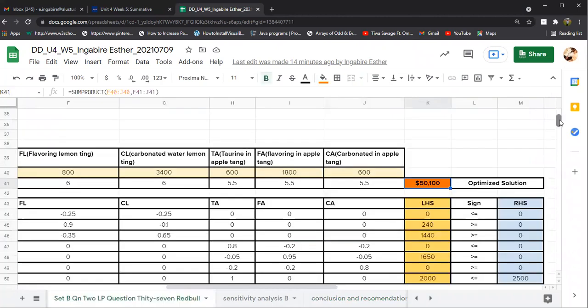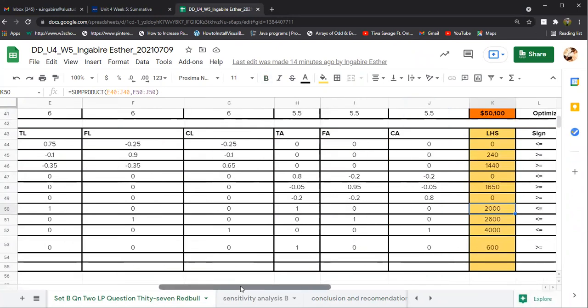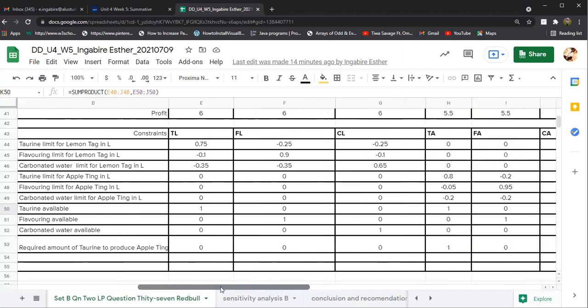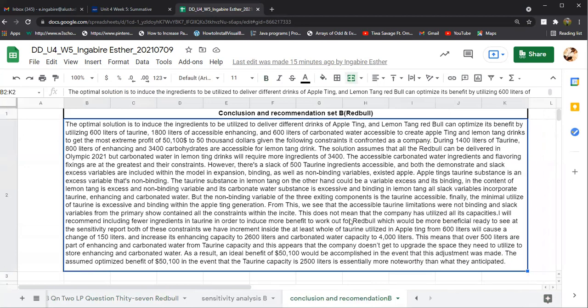We can see here that for the lemon tang, the taurine available is 2,000, which means there is an excess, a slack of 500, and that we have to reduce for the apple tang.